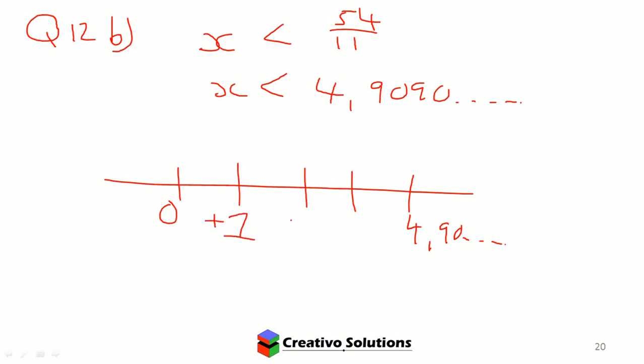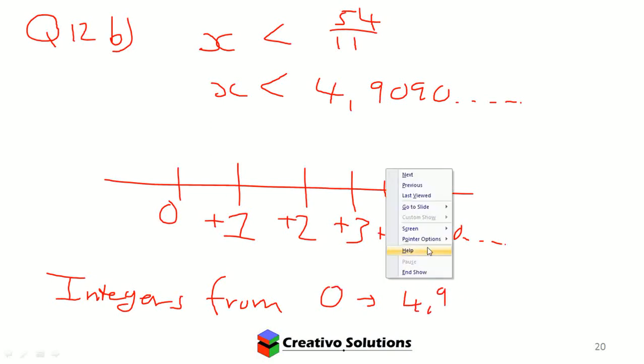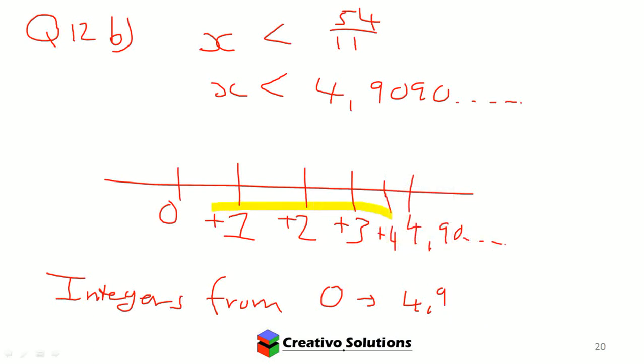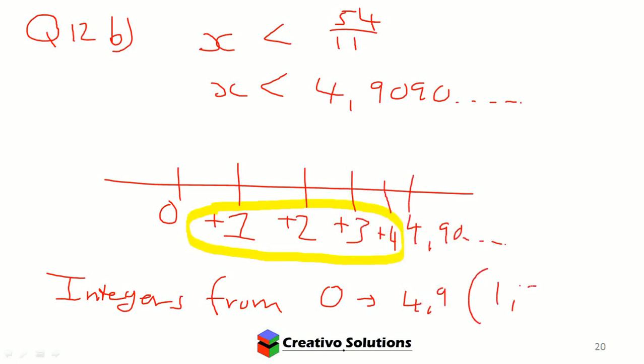So 1 is positive, 2 is positive, 3 is positive, and 4 is positive because it's 4.9. Remember they said positive integers, so I don't want negative integers. So the positive integers would be the 1, the 2, the 3, and the 4. There would be 4 positive integers: 1, 2, 3, and 4. Those would be the positive integers for that particular inequality.